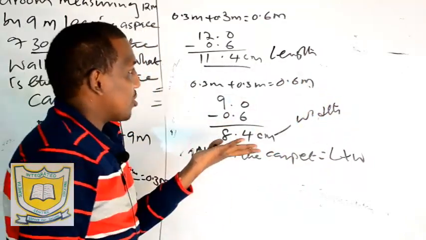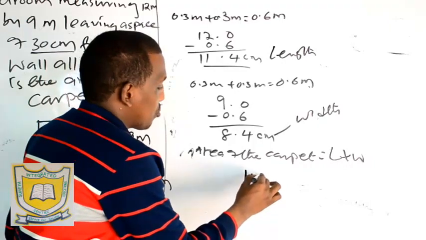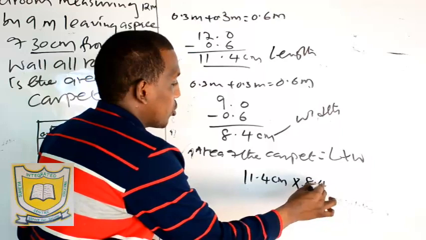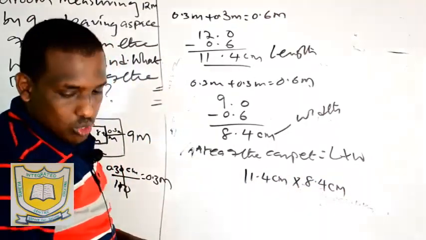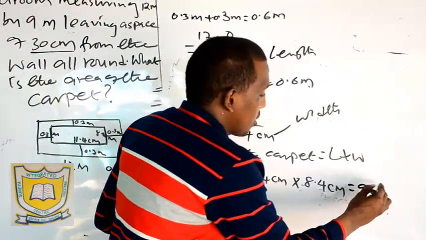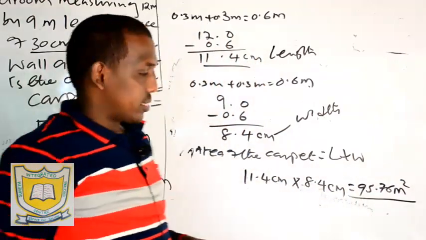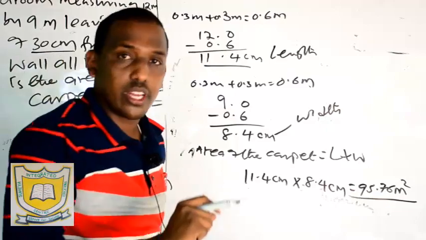So we multiply, we only want the carpet. So we say now 11.4 times 8.4. We say length times width. After multiplying now, you will get 95.76 meters squared. That is how we solve the area of that carpet.